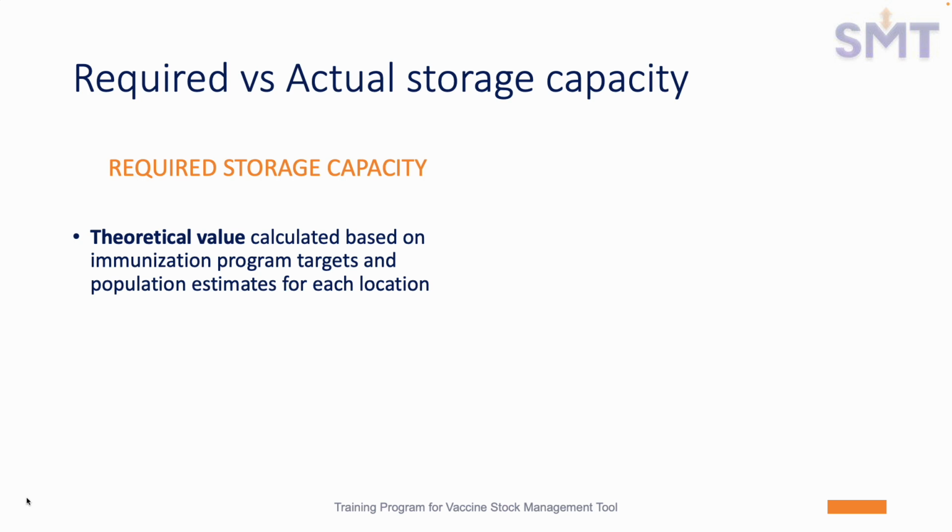Taking into account how many children you are going to vaccinate, the different types of vaccines that you are going to be using during the year, how often you receive your vaccines, and different variables, you can calculate how much space you need at each location. This is what we are calling the required storage capacity.